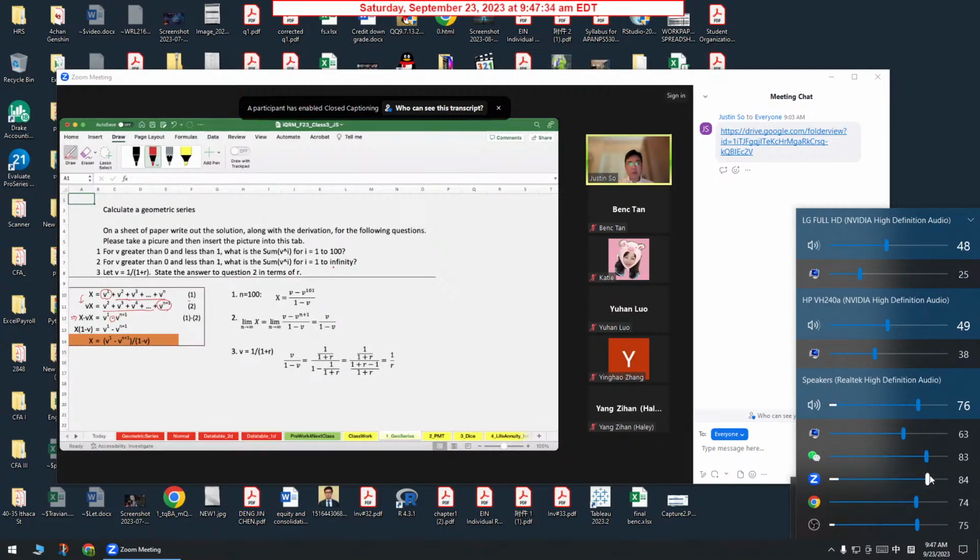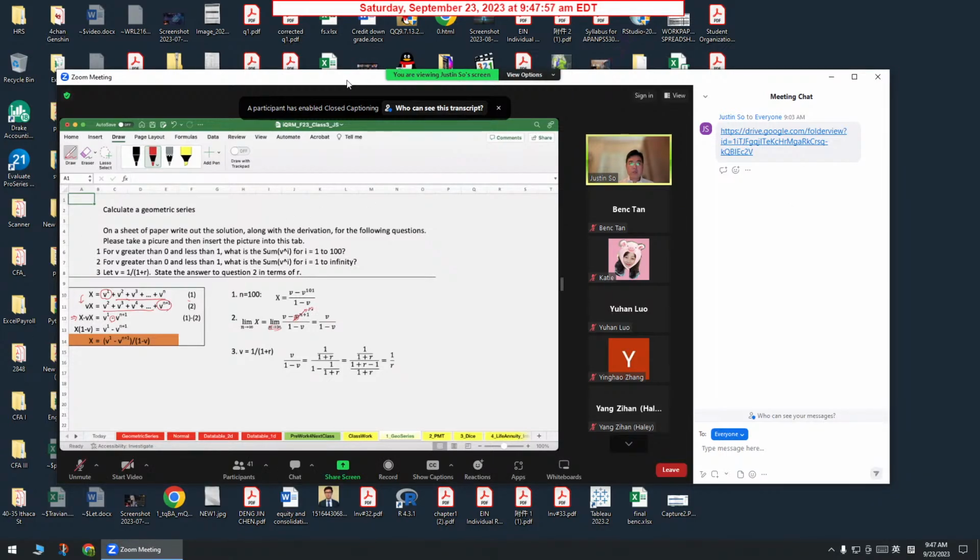Here, number 2, when n goes to infinity, this expression here, with the limit as n goes to infinity, if the v value is not between 0 and 1, let's say it's positive or even negative with absolute value greater than 1, this value will diverge. It goes to infinity. We cannot actually calculate this.